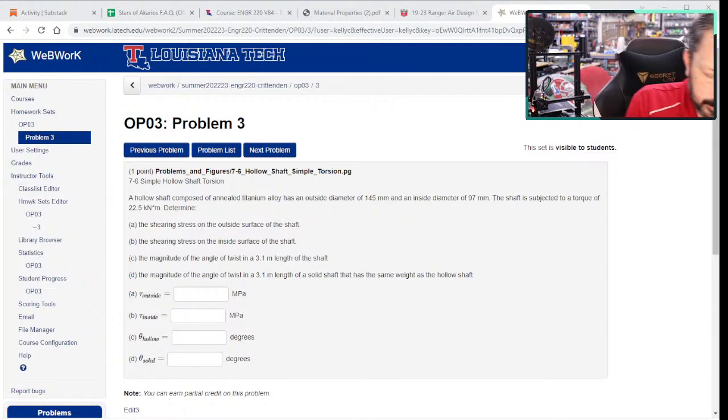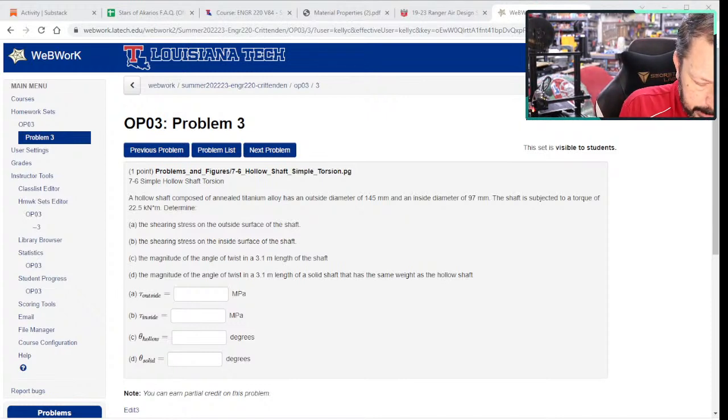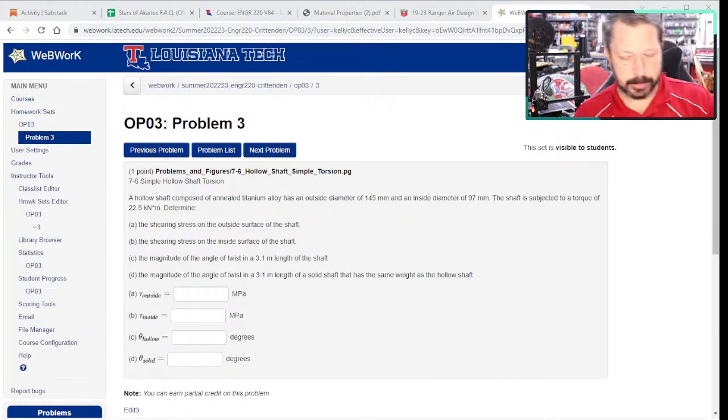But it is hollow, so let's draw some dotted lines here showing that it's hollow. It has a torque of what was it? 22.5 kilonewton meters. And we'll just show this end as having the opposing torque. I don't know what it's attached to, so I'm just going to show that it somewhere has a reaction torque so that it's in equilibrium.